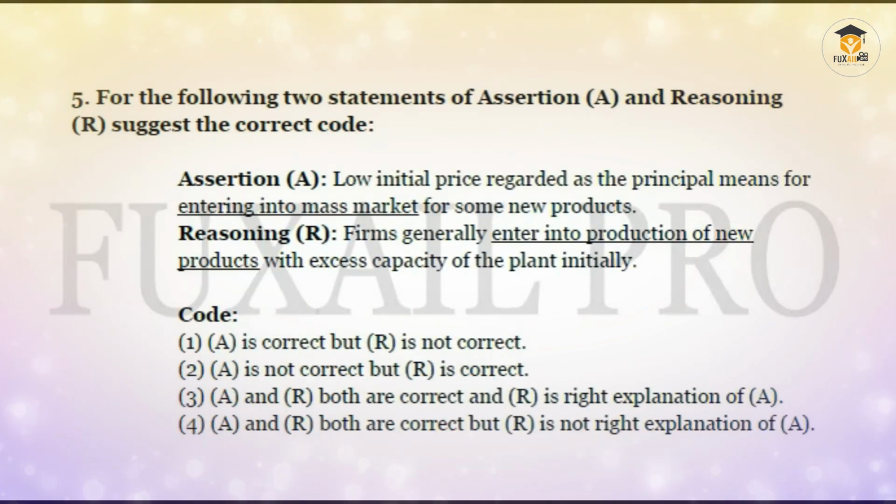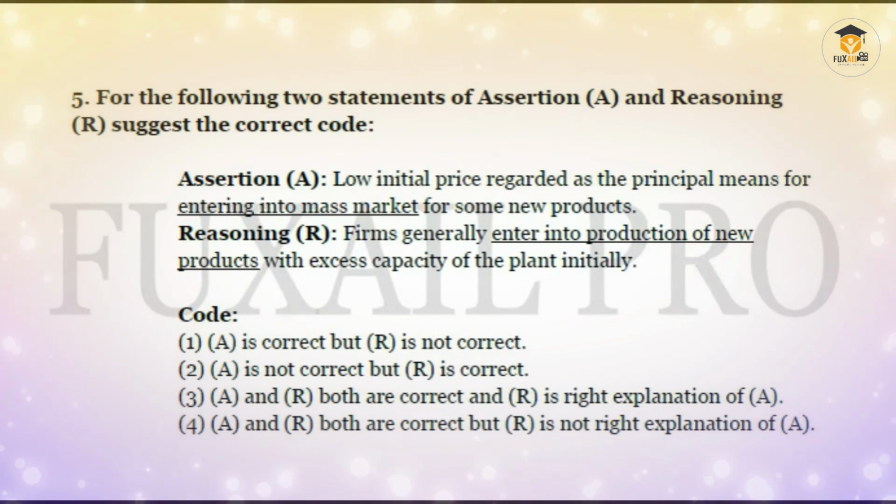5. For the following two statements of assertion A and reasoning R, suggest the correct code. Assertion A: A low initial price is regarded as the principal means for entering into mass market for some new products. Reasoning R: Firms generally enter into production of new products with excess capacity of the plant initially. Code: 1.